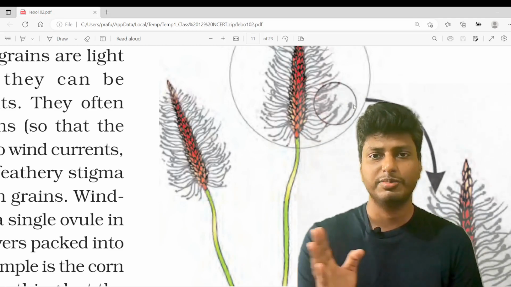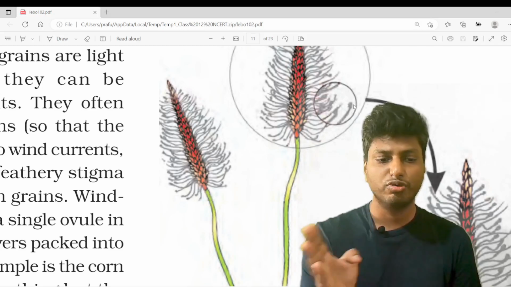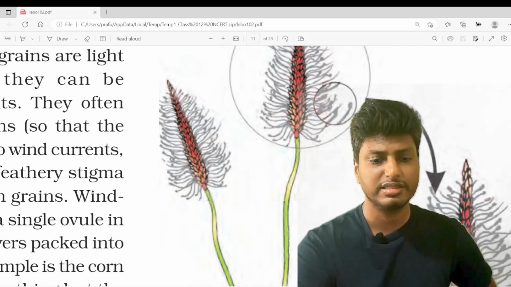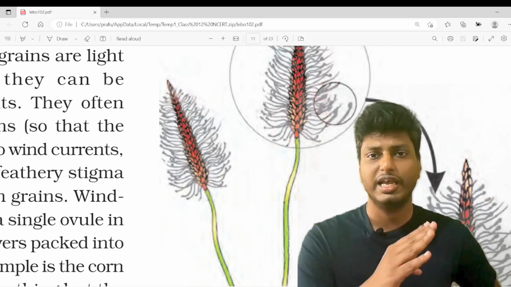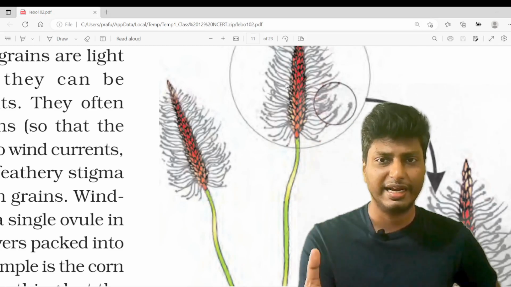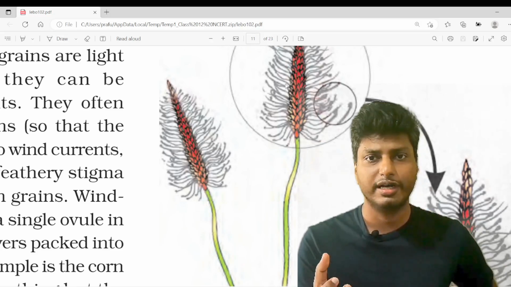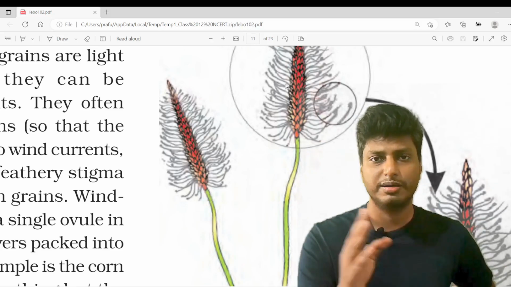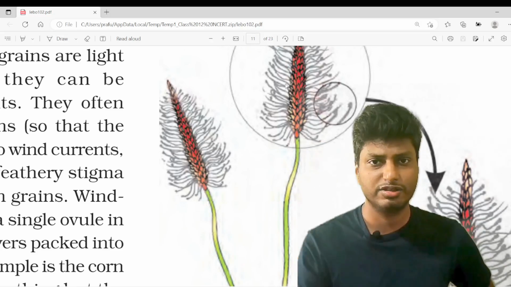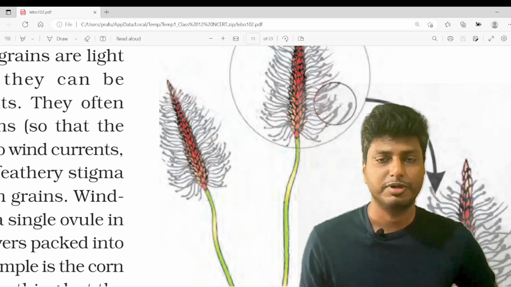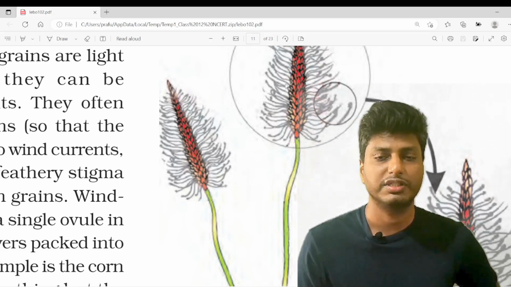Versatile anther means they can move easily. You can see here that the anthers can move easily with the help of wind. They are extremely light in weight, so they are movable. If the wind comes, immediately the stamens are going to move and the anthers will be released. That's the purpose of having versatile anthers.